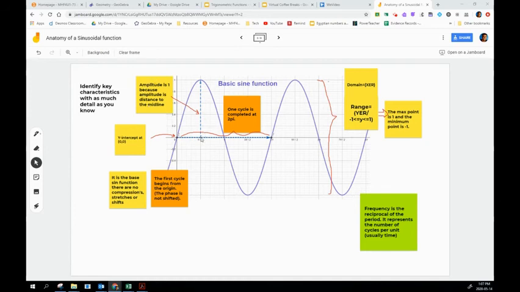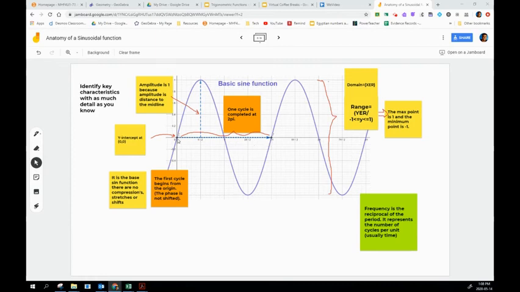Amplitude, which is the distance between the central axis of the function to the peak. So this distance here is called the amplitude. The period is the distance on the horizontal axis that it takes for one cycle to be completed. So in our basic case, this is 2 pi.